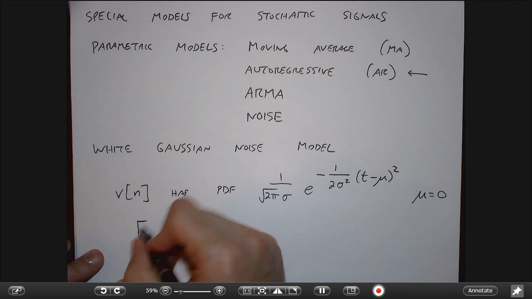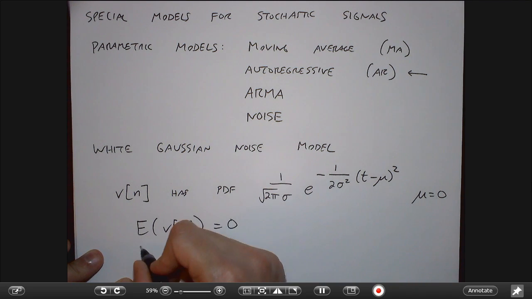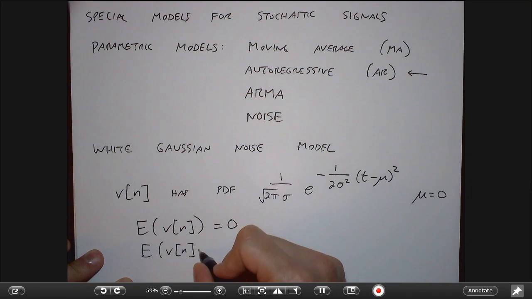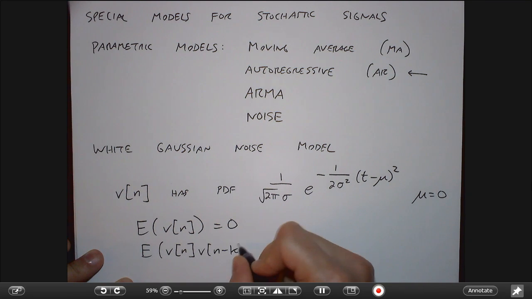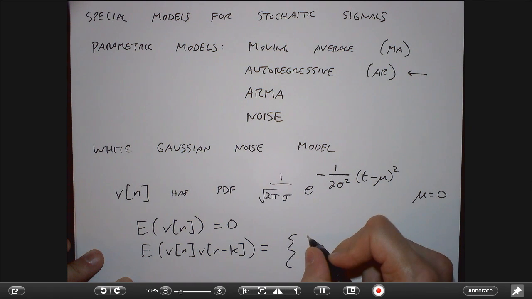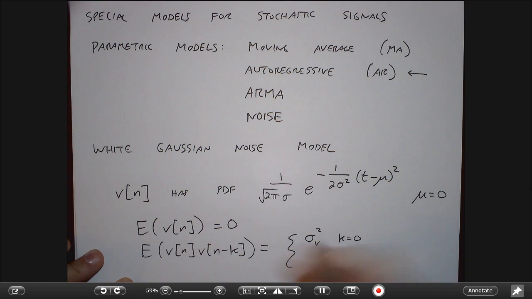And so that means that the expected value of this noise is 0, and the expected value of the noise times some other value of the noise is going to be sigma squared when k is equal to 0, right? Because when k is equal to 0, that's just like looking at the variance of the process.